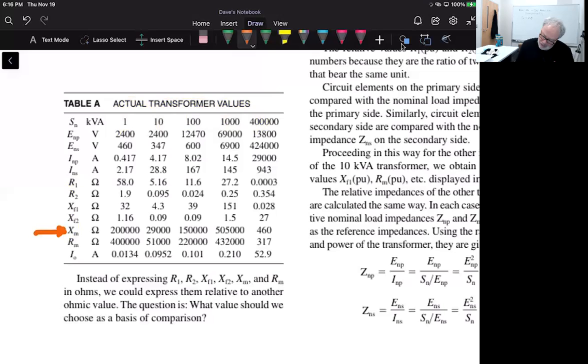I'm not seeing the 0.0003. I don't see that on here anywhere. He references it in the text. Let me pause this and see if I can find that right quick. Hold on. Sorry, it was right here all the time.